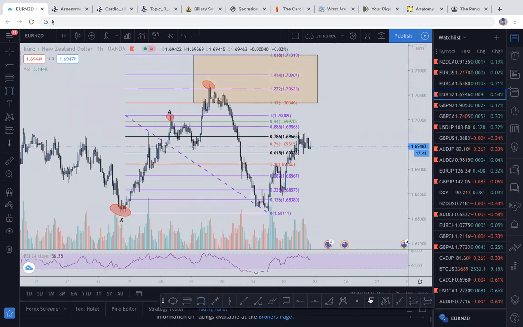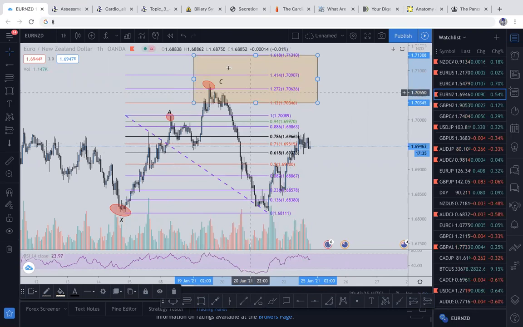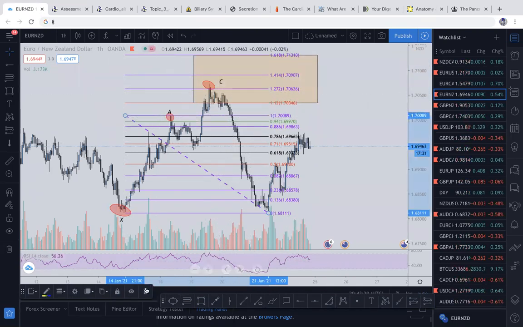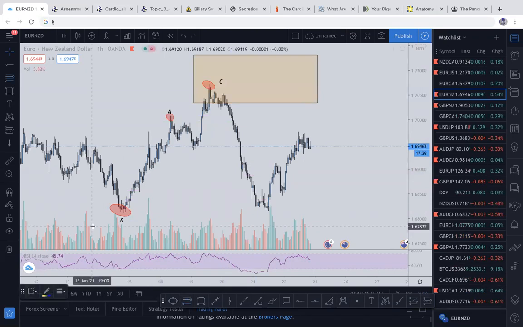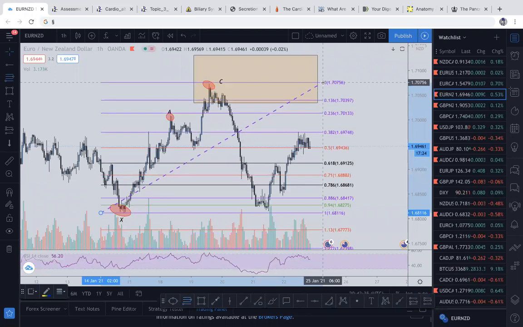And this confirms that indeed I do have a C leg right here for a shark pattern. And because that has been confirmed, now I can take this fib off and pick another fib from the X area to the C area.